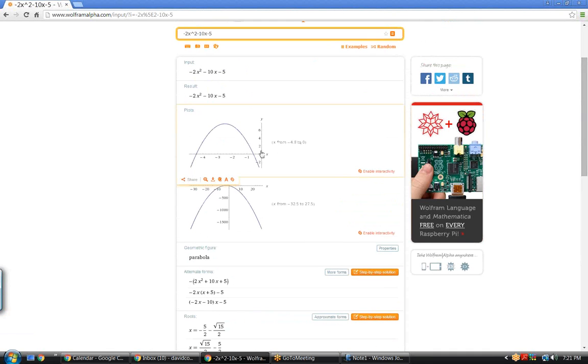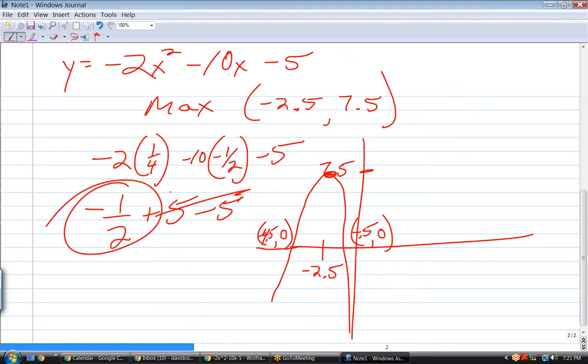They do come approximately where you said they did, minus 0.5 and minus 4.5. You can see, but that was rounding it off significantly. In fact, when I put in minus 0.5, I did not get 0.